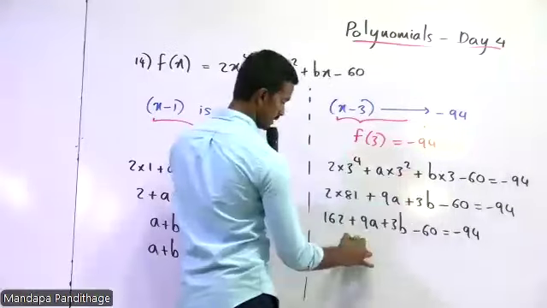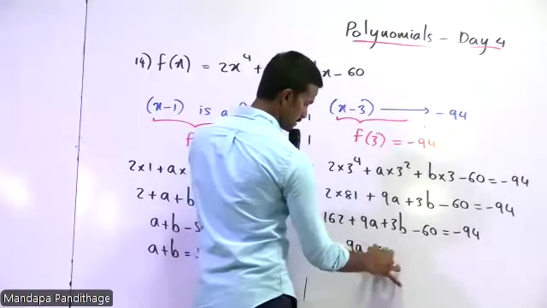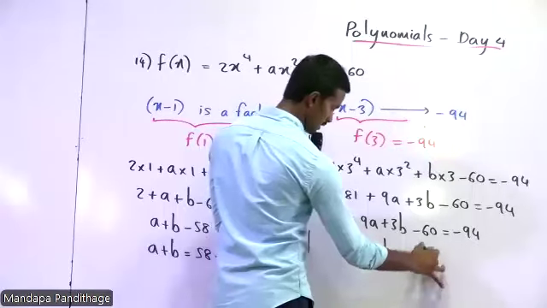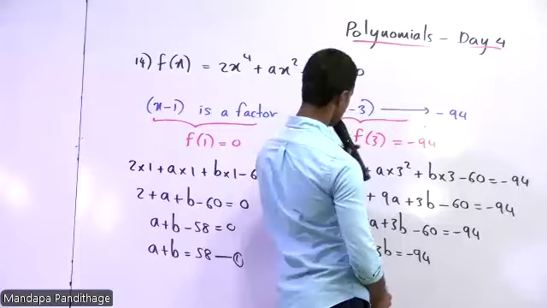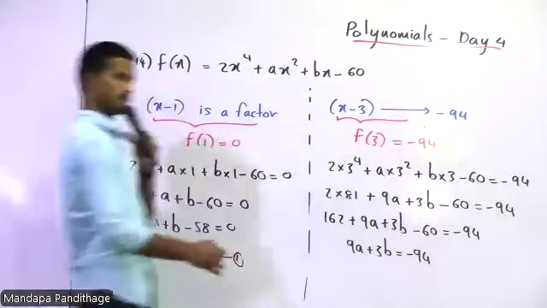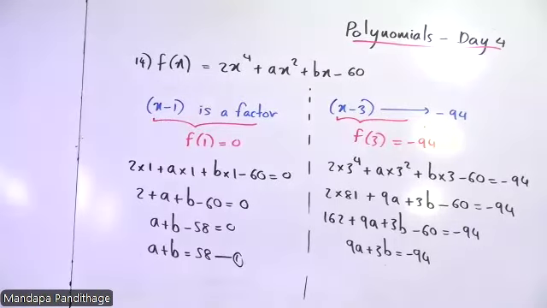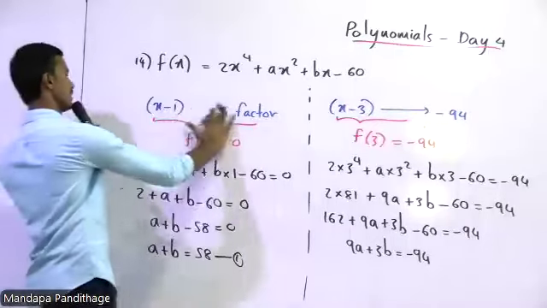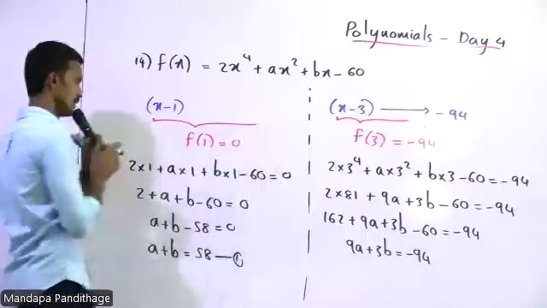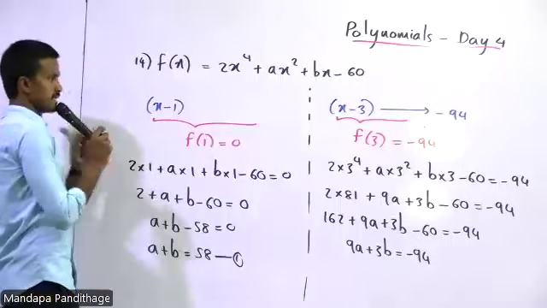When I take this to the other side, I get minus 94. Sorry, x minus 3 is a factor when divided by x minus 1. The remainder is minus 94.